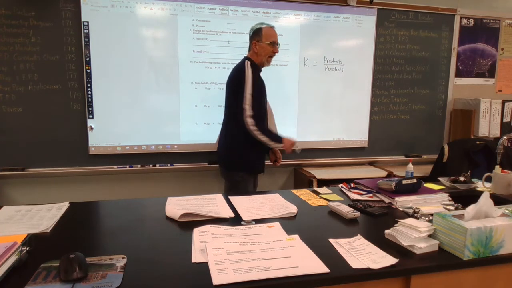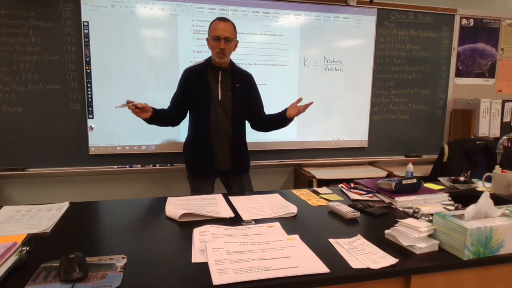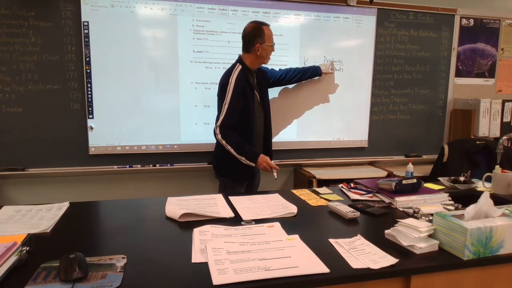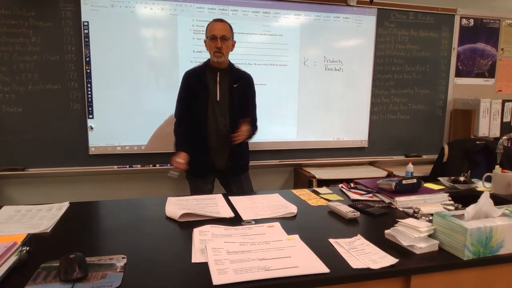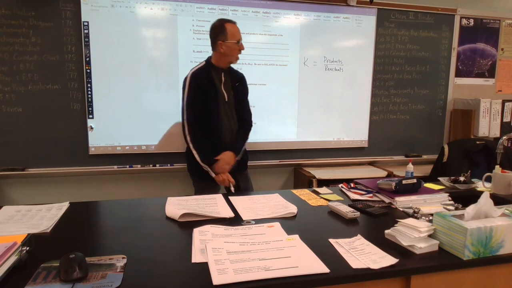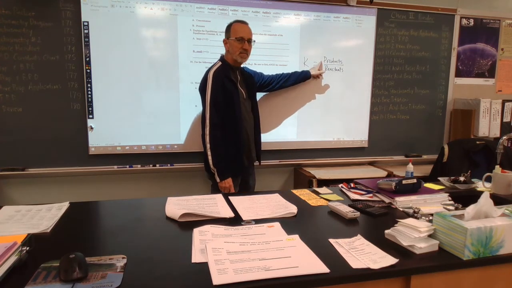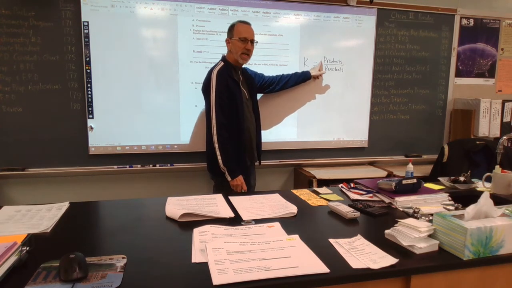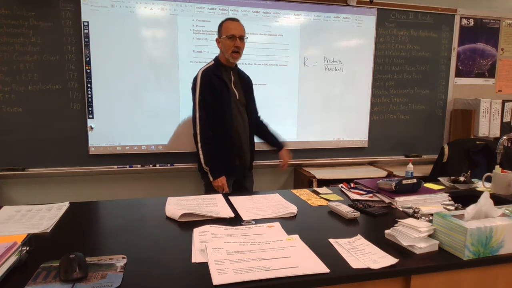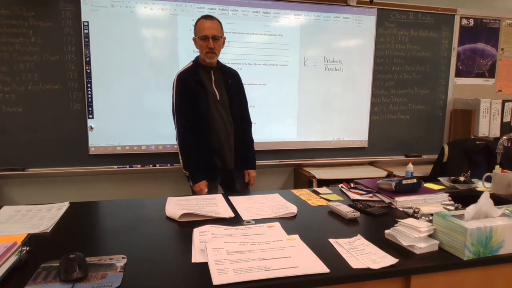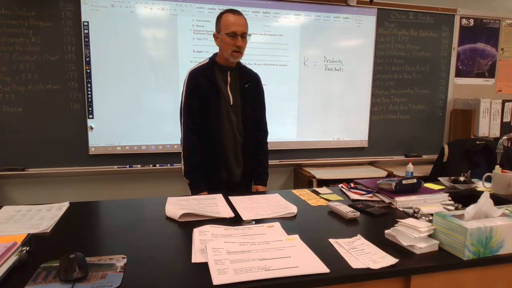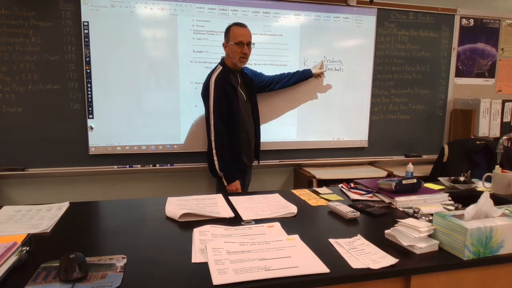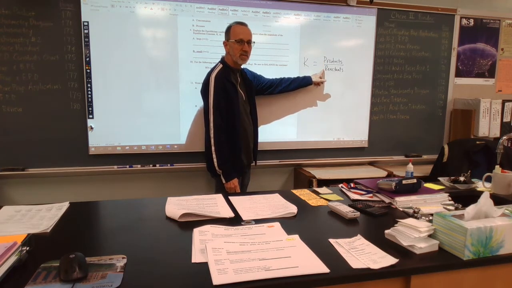If K is big, what does that mean? This number over this one. It's a ratio. It's a fraction. If K is big, then that means the numerator has got to be much bigger than the denominator. So that means this value up here has got to be much larger than this one down here.